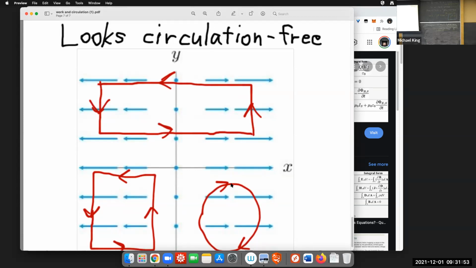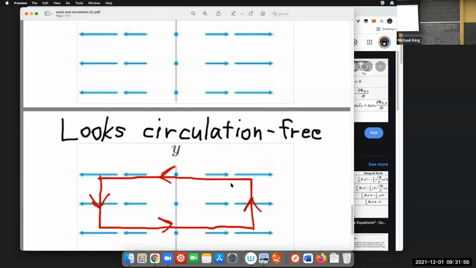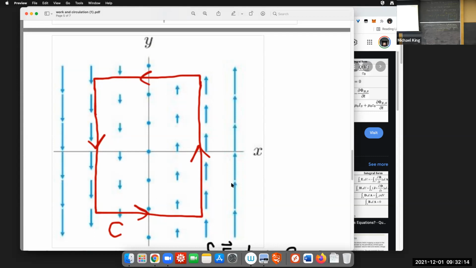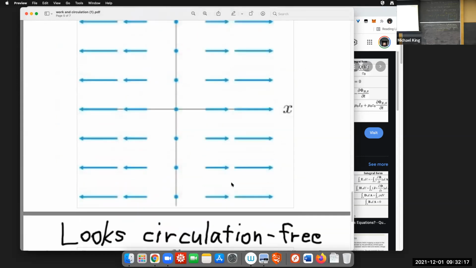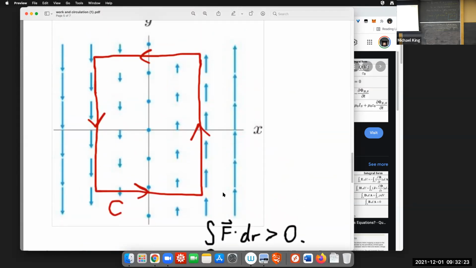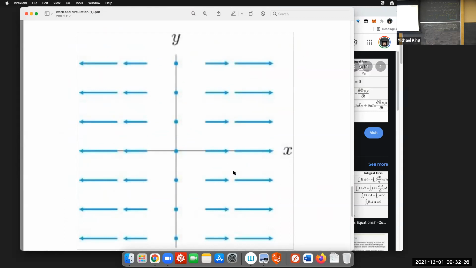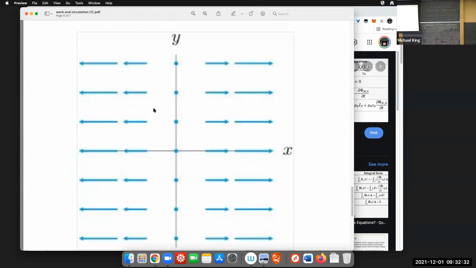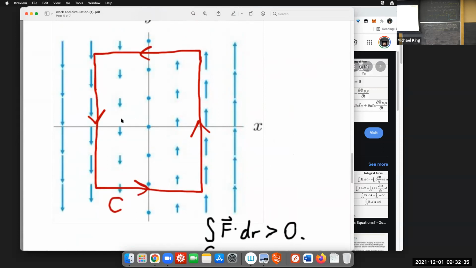Yeah, Caleb. So you're asking, for people who can't hear, what's the difference between these two fields? It's an interesting thing. This side's in the positive x direction, that's in the positive y direction, this is in the negative x direction, this is in the negative y direction.